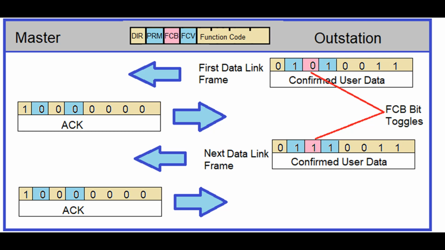If anything goes wrong in this exchange, such as a message received with a bad CRC, any of various recovery schemes may be invoked depending on outstation configuration options such as data link retries. For this class, it is only important to note that confirmed user data can be used as a way to improve communication in noisy line environments. Use in any other environment is a waste of bandwidth.